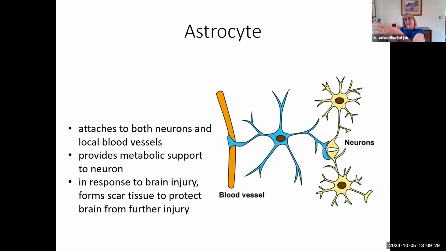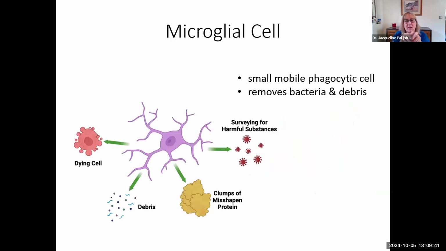So it's kind of like, okay, this part of the brain is injured, but the rest of the brain, you're not going to be affected from it. So astrocytes are really important.